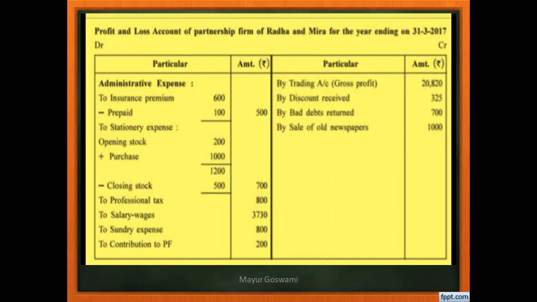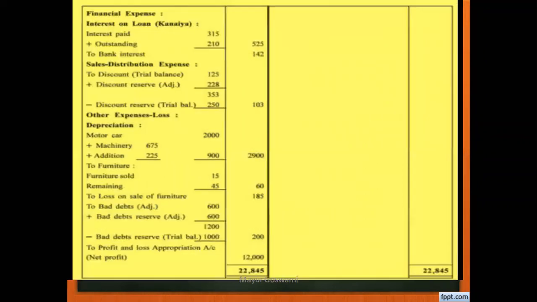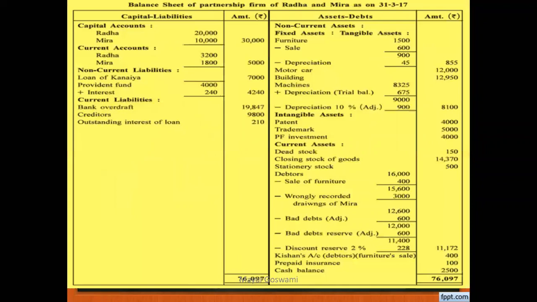Then bank and cash, debit side we have cash balance, credit side we have bank overdraft, right? So come to the balance sheet asset side, write down cash balance in the outer column 2500.